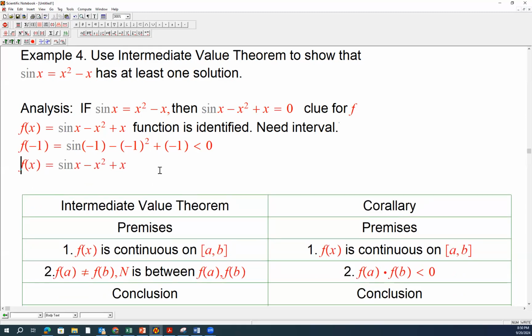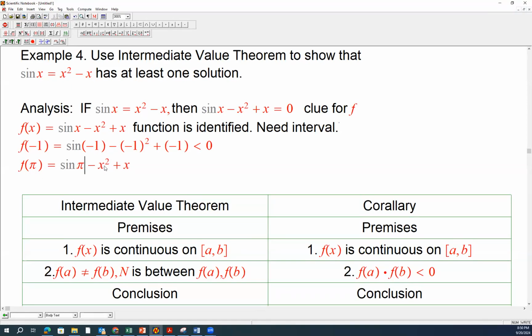And then what do we do? We're going to try to get a positive number. So how do I get a positive number? Let's try to get a positive number. I'm thinking of trying pi, okay?